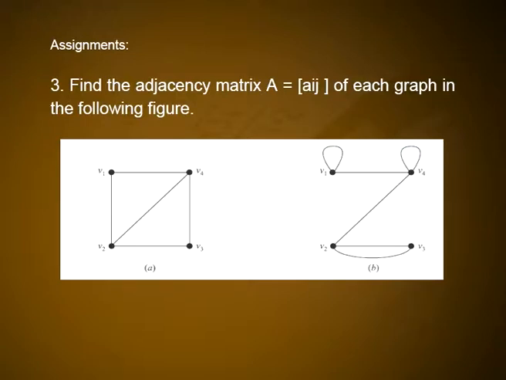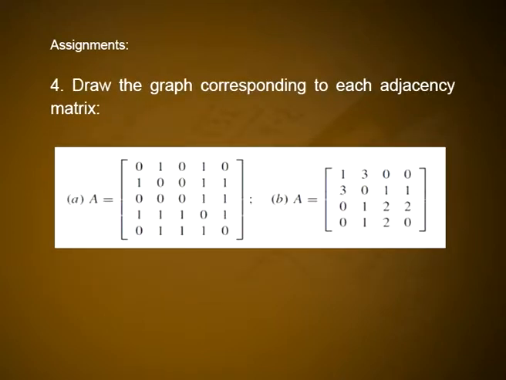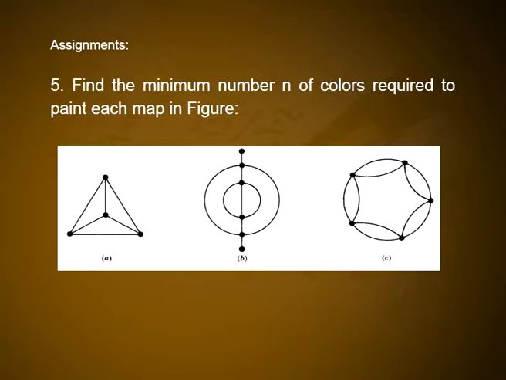Third problem, find the adjacency matrix A of each graph shown in the figure. Fourth problem, draw the graph corresponding to each of the adjacency matrices given. Fifth one, find the minimum number n of colors required to paint each map shown in the figure.